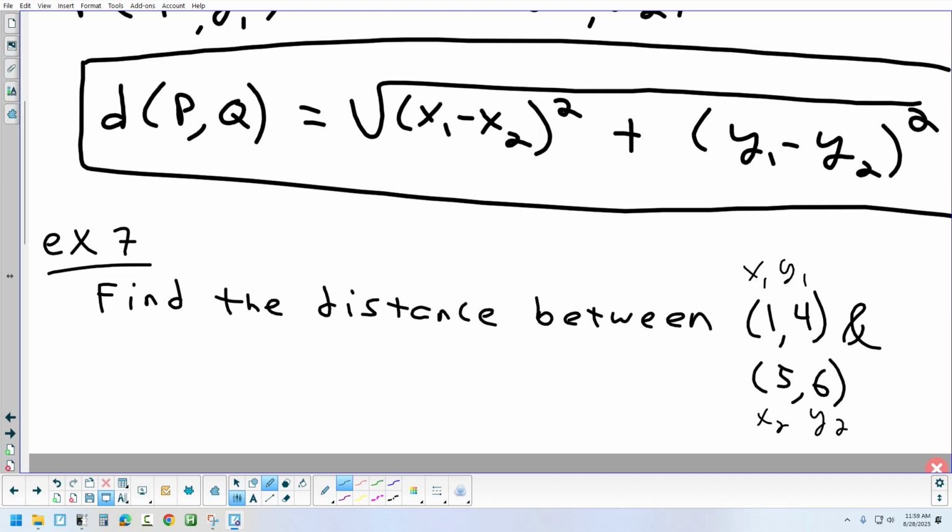So when we fill them in, we're going to start with the square root of x1 minus x2. What's x1 minus x2? -4. And then square it, you guessed, 16. y1 minus y2.